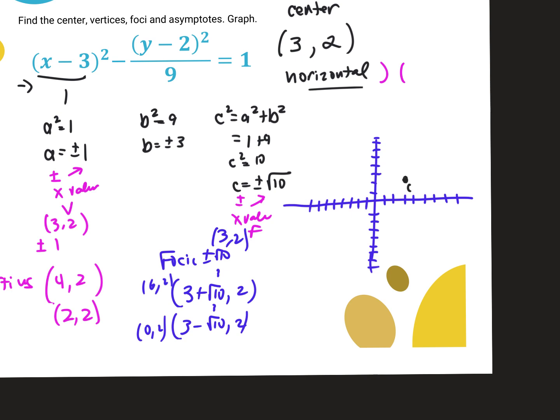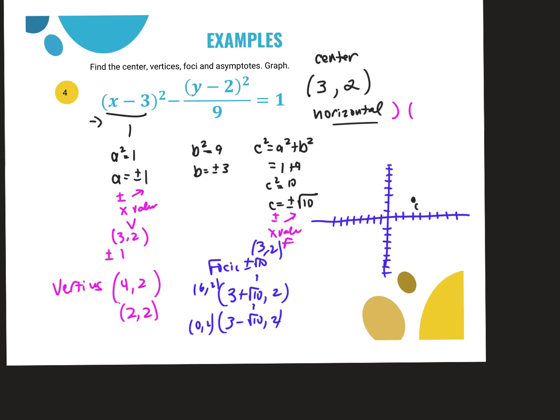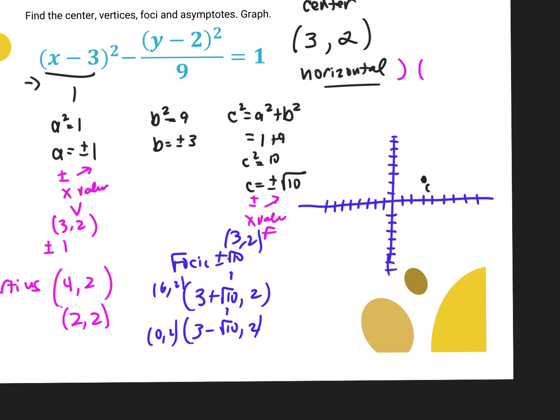I have my vertices at (4, 2) and at (2, 2). I have my foci at about (6, 2) and about (0, 2). And I know I'm going to open left to right.